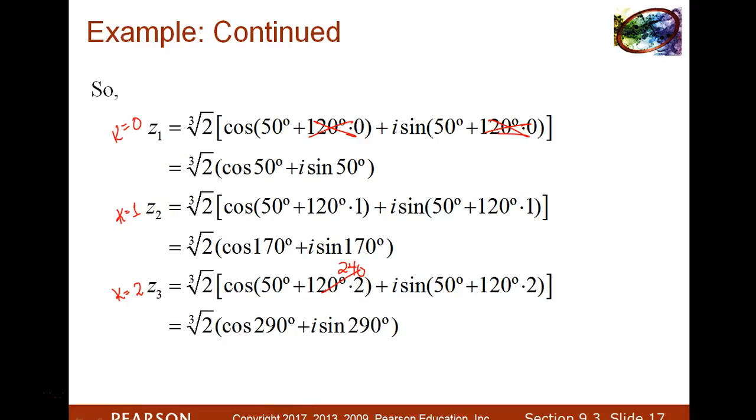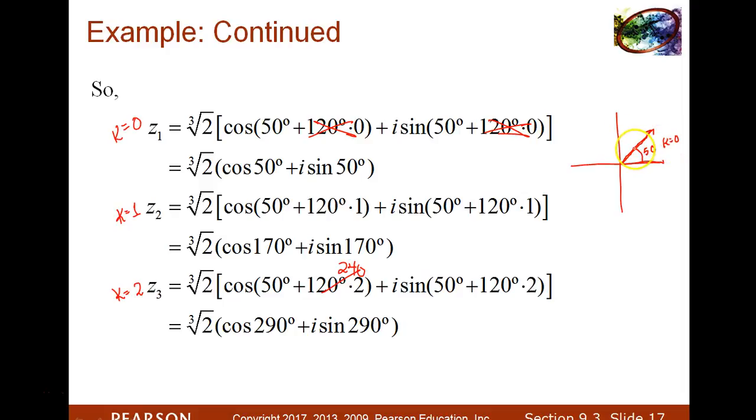And so if I was going to draw a picture, which I probably would, it would look like this. My first root is at 50, and I'm going to say that's right about here. There's my 50 degrees. And this is when k is 0.